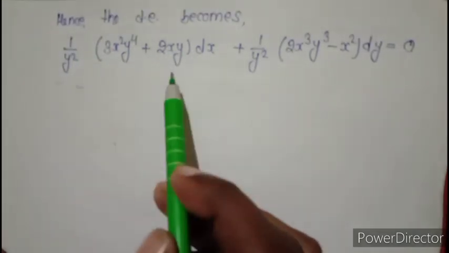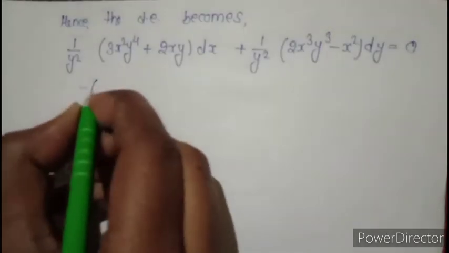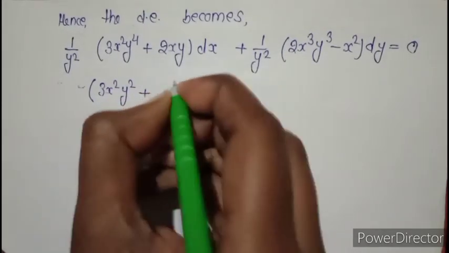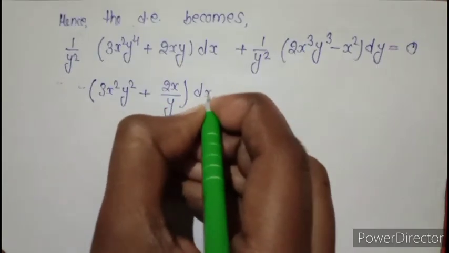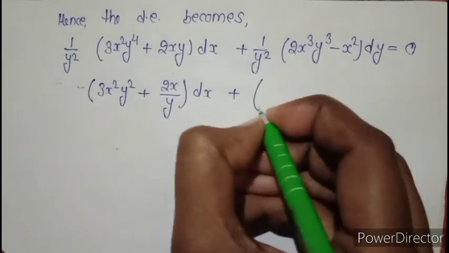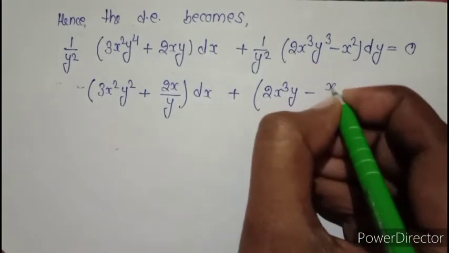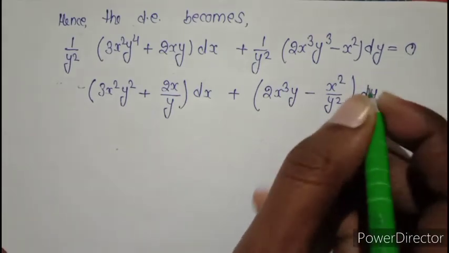So what I get: (3x²y² plus 2x by y) dx plus (2x³y minus x² by y²) dy is equal to 0.